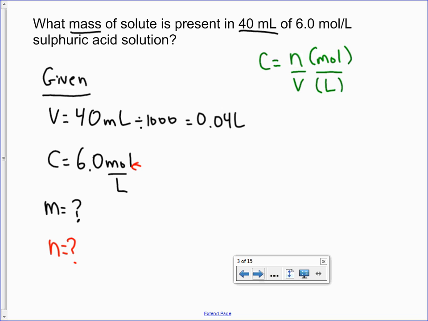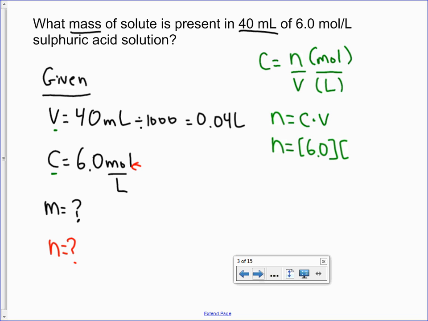So we have our concentration, we have a volume, we simply need to rearrange our formula so that we take our concentration and multiply it by our volume. That will give us the number of moles of sulfuric acid that we have in the solution. So we have a concentration of 6.0 moles per liter.